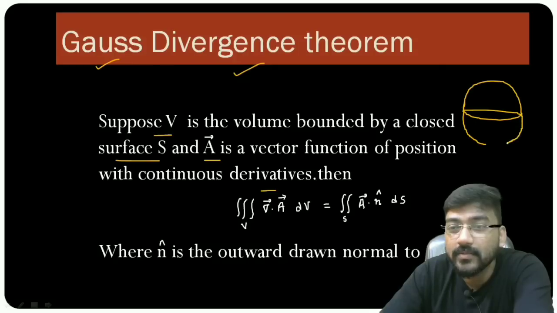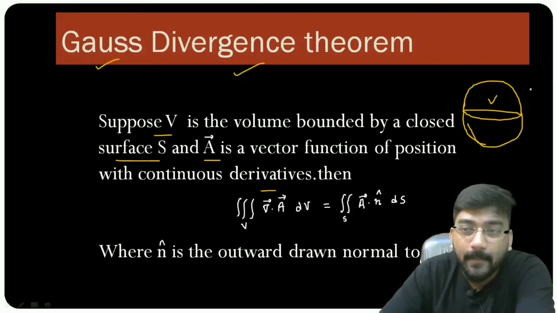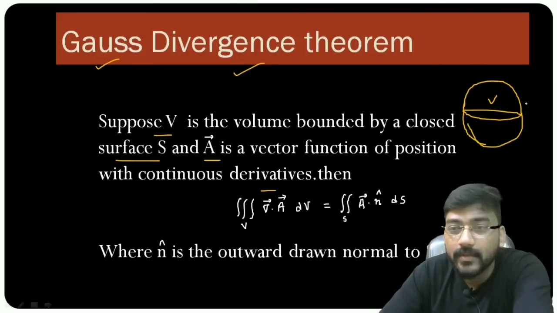So this is the total closed volume V, which is enclosed by this surface S, and A is a vector function of position with continuous derivative.